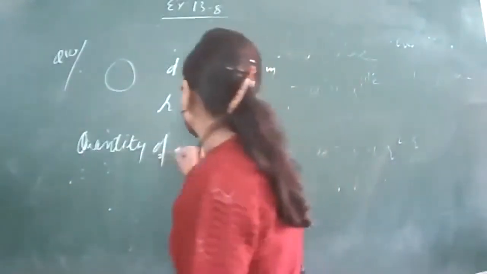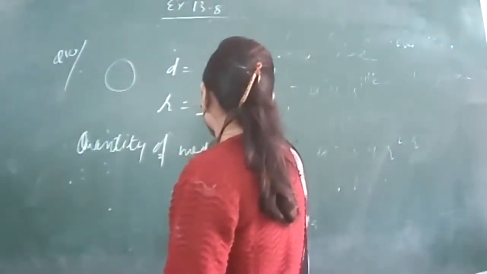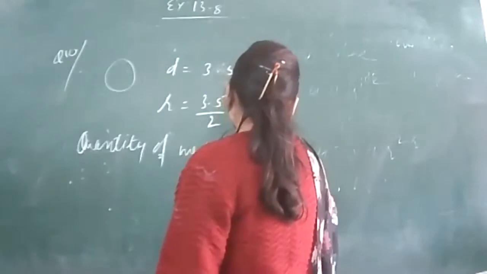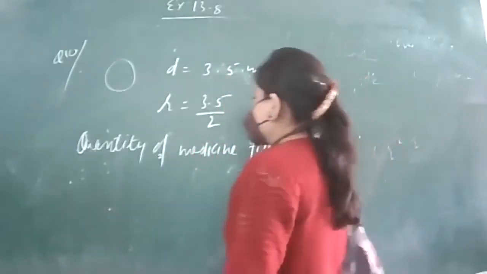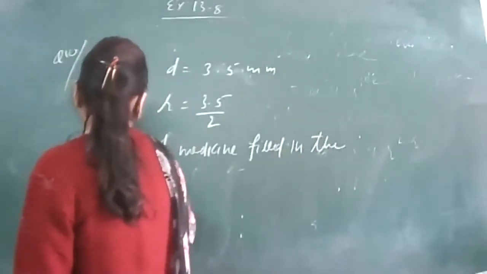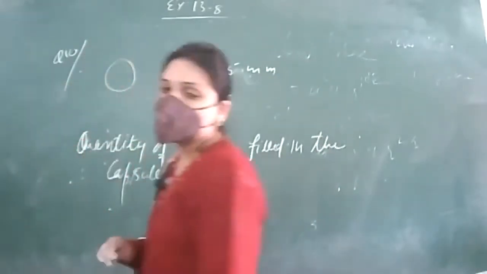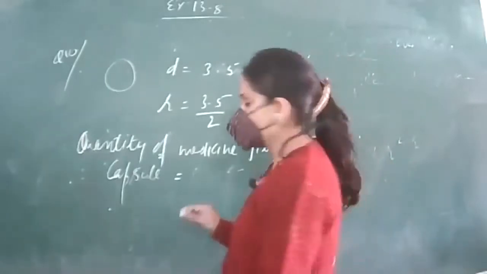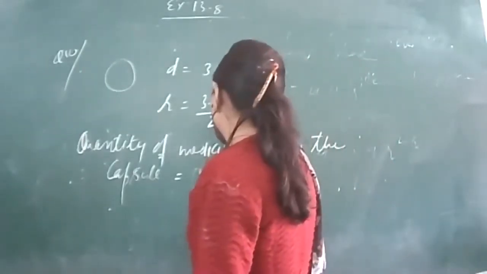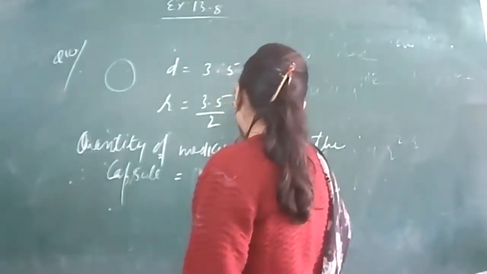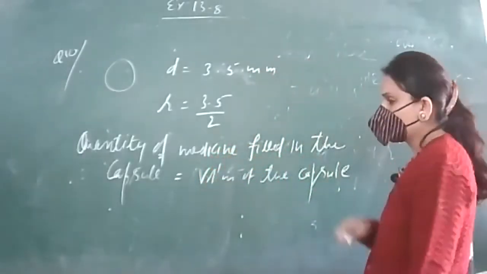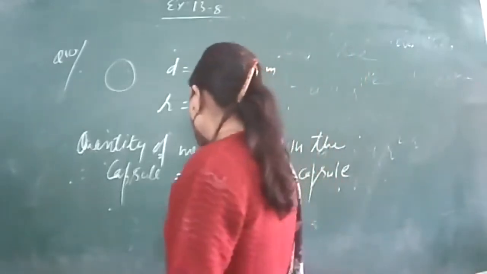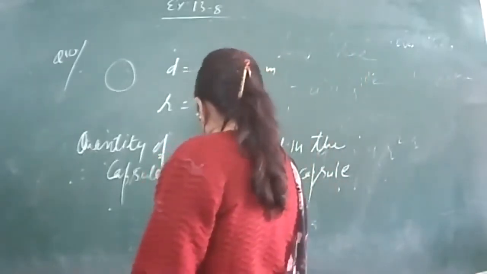So quantity of medicine filled in the capsule is equal to volume of the capsule. And this is equal to 4 by 3 pi r cube.